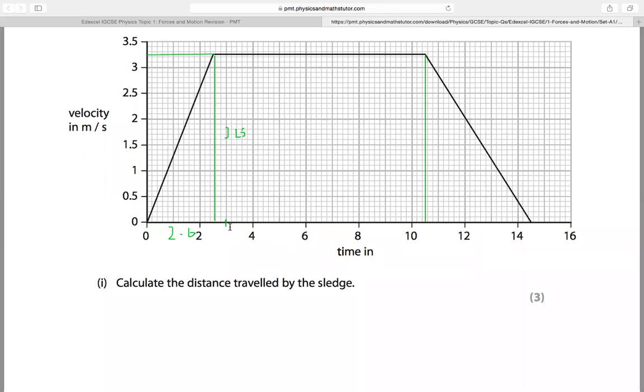I start from 2.6 and I end at 10.5. So 10.5 minus 2.6 is 7.9. So my base is 7.9.